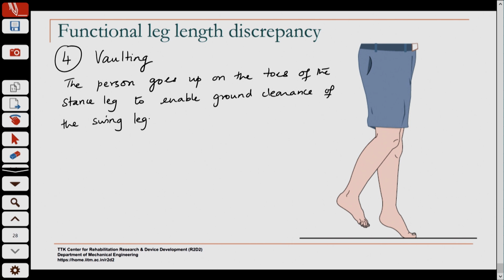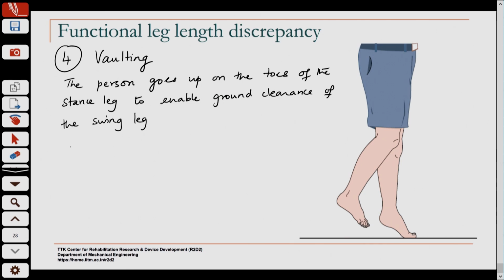They are basically lifting up the whole body mass on the stance leg in order to let the swing leg clear. It is a pretty expensive, energy intensive way. A person who would walk like that would get tired quite easily because it is not very energy efficient.